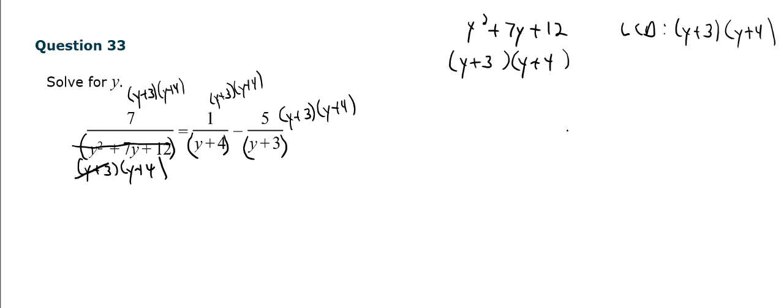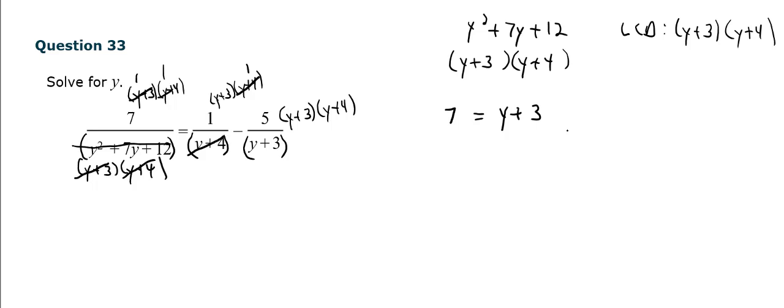So for the first one, y plus 3 goes into y plus 3 one time, as does y plus 4. So that leaves us 7 times 1, which is 7, equals. For the second, y plus 4 goes into y plus 4 one time, leaving us 1 times y plus 3 times 1, which is y plus 3.